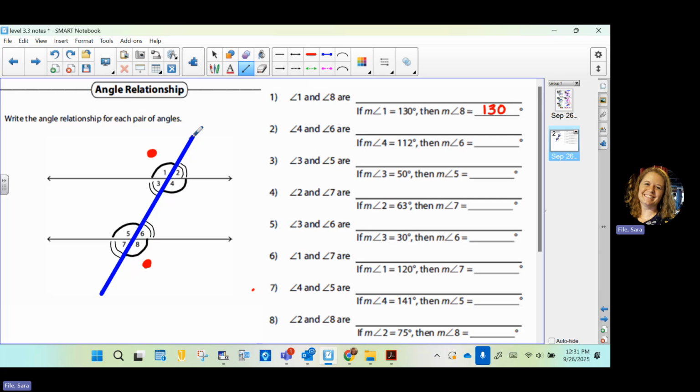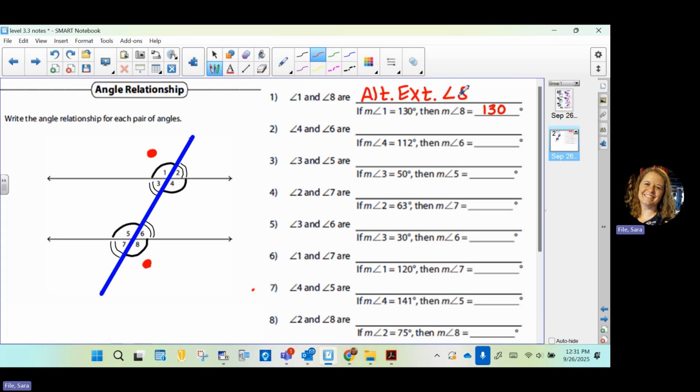And then are they inside or outside the parallel lines? They're outside, so that's exterior. So these are alternate exterior angles. And I'm going to abbreviate. And we put the full words on the front. Alternate exterior angles. Okay.